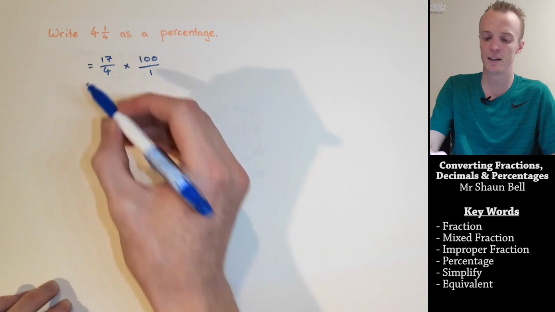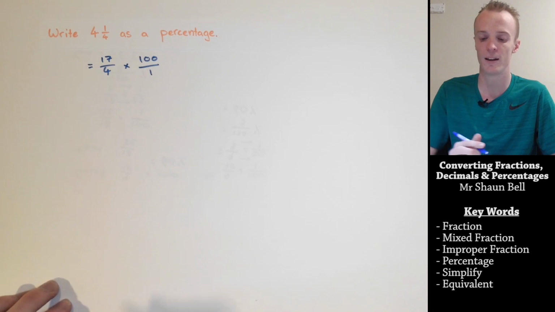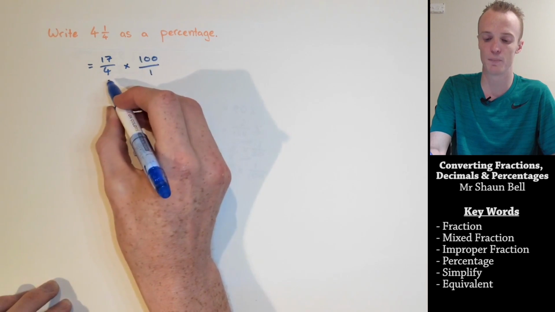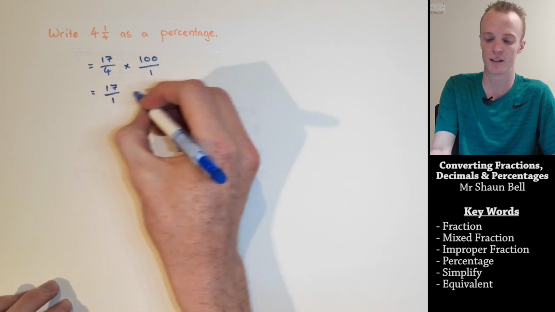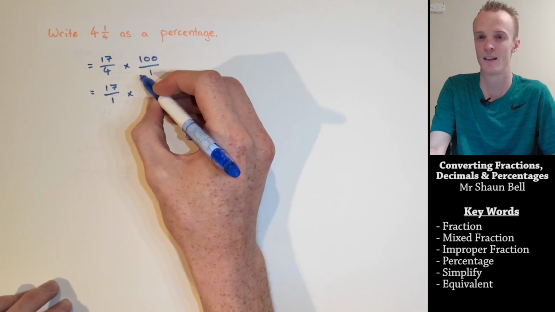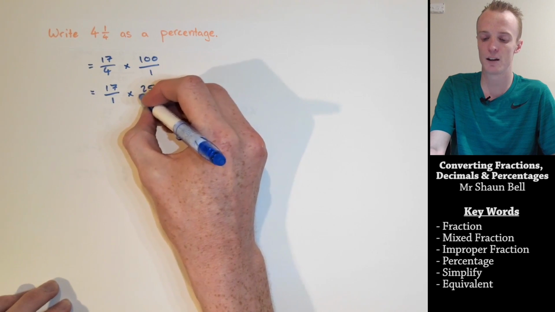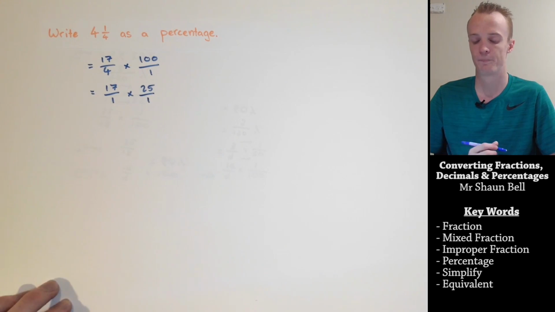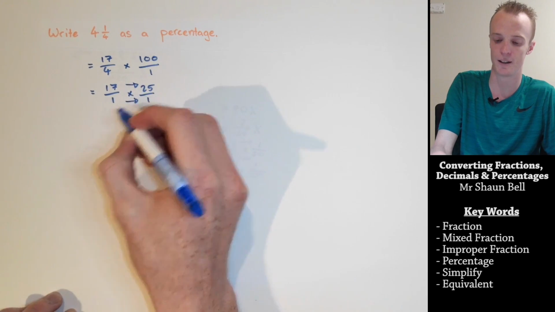From here, I'll see if I can cancel down the numerator and denominator that I've got here. Now, 4 divides into both. It divides into 4 once, so it's going to be 17 over 1, times 100 divides into 4 25 times, so that's going to be 25 over 1. Now I multiply the numerators together and the denominators together.